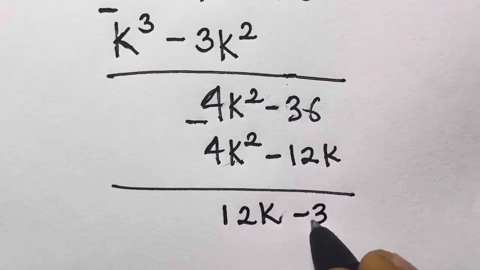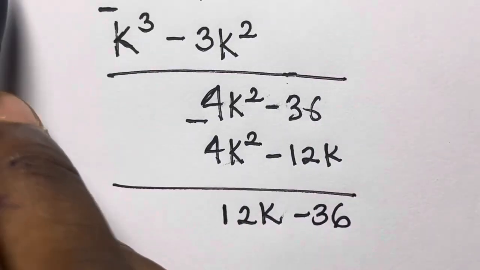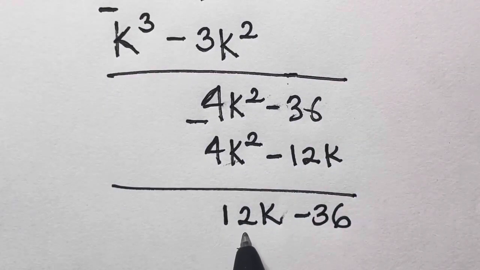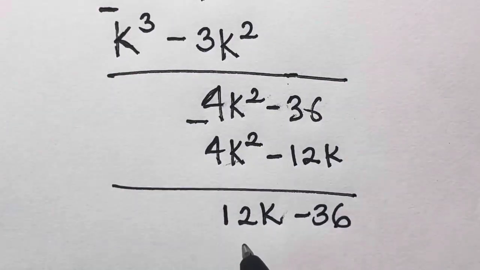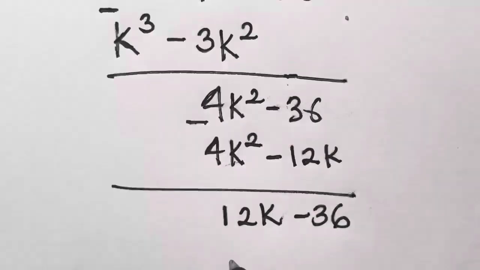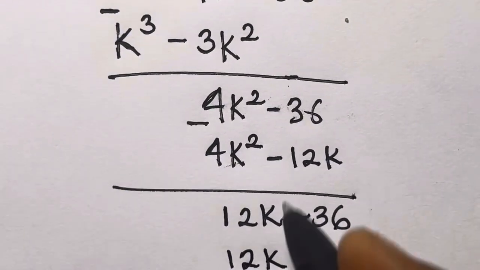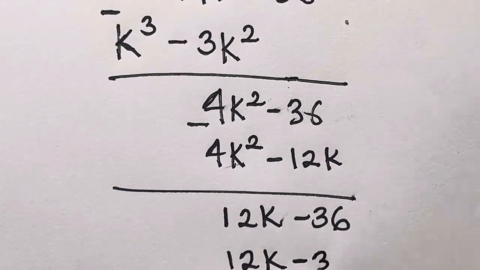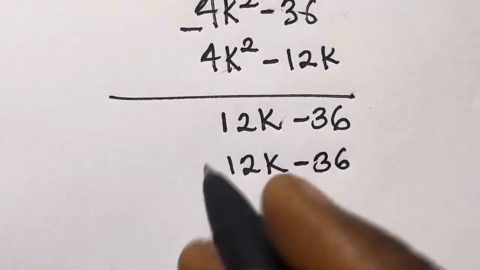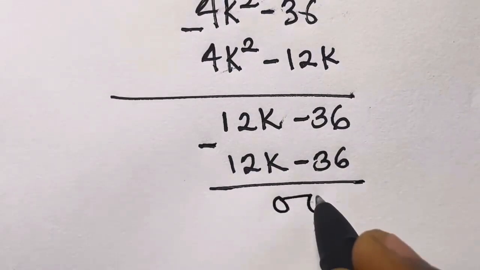Again, k going into this: how many k can we see in 12k? That is plus 12. 12 times k is 12k, and 12 times minus 3 is minus 36. If you subtract this again, you observe that you have 0.